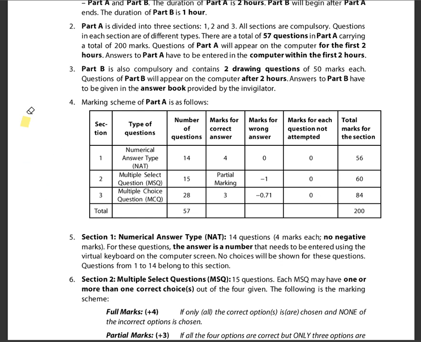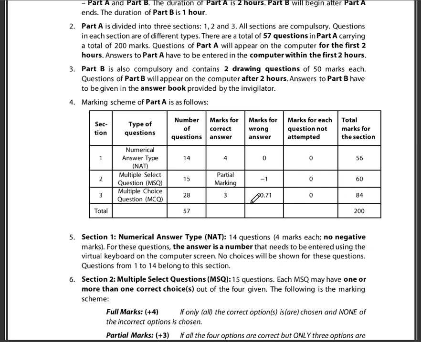Now let's move to the next and last section, which is MCQ. MCQ is a much easier section as compared to NAT and MSQ. It has a total of 28 questions, and if you mark a correct answer, you will get 3 marks. If you attempt a wrong answer, you will get a negative marking of 0.71.